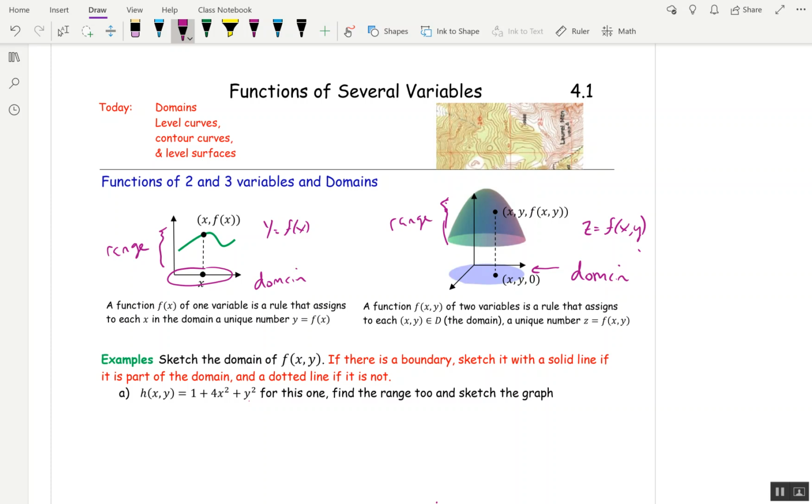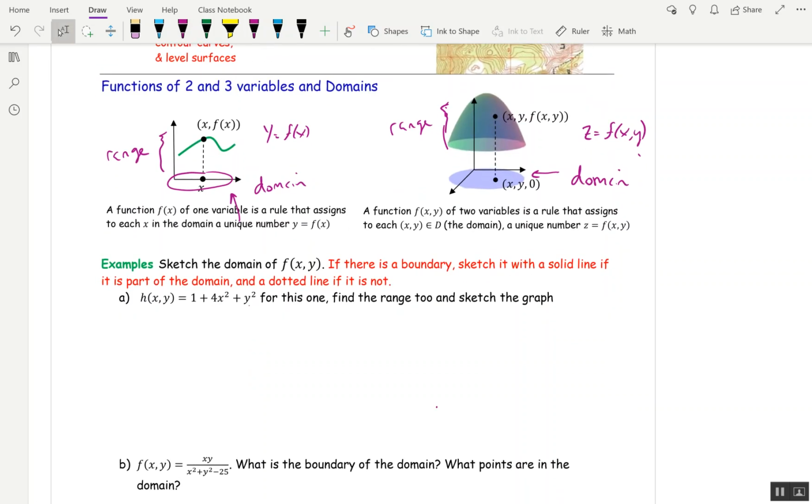And so let's practice finding some domains. The rules for domains that we learned for functions of a single variable still hold. You can't divide by 0, you can't take the square root of a negative number, and you can't take log of a negative number. So let's look at some problems. H of xy equals 1 plus 4x squared plus y squared.